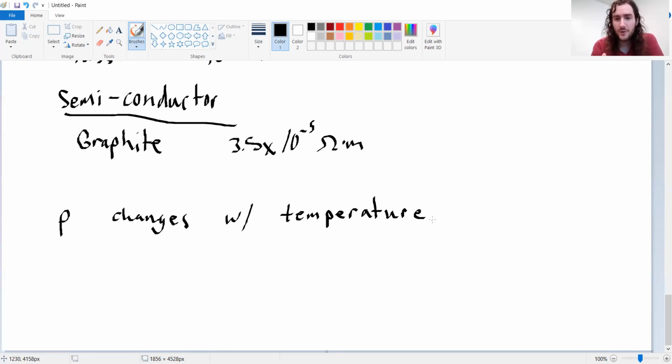Well, what happens when you increase the temperature of a material? You get more of that random motion. So by increasing the temperature, you've added more random motion, more collisions, more interaction between those charged particles, and therefore more of this friction type force.